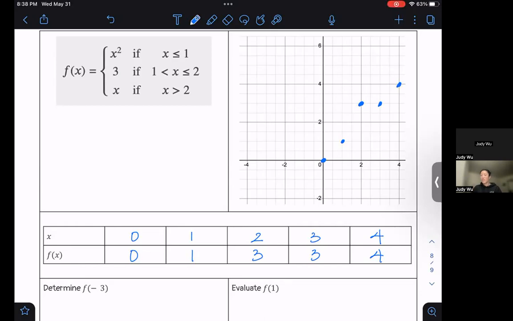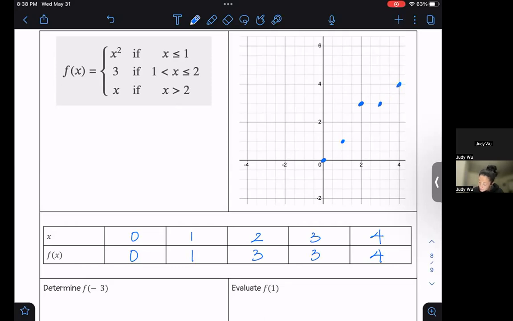All right, so it kind of looks like a bunch of weird dots. So let's talk about some things that might help us visualize this a little bit better. I know that x is a line. And so from 2 and bigger, I have this line, okay?